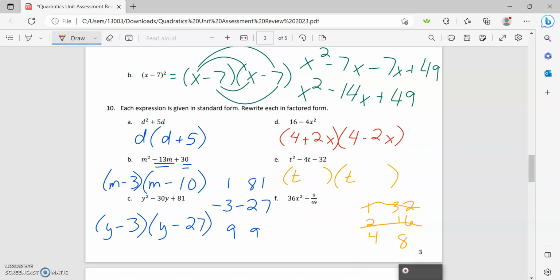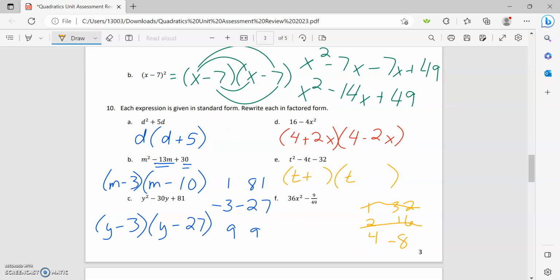If I put -4 plus 8, that gives us +4. Okay, so we're close. We have a 4 in the end, but we're negative. So I need to get rid of the signs here, right? And I need to make 8 negative. 4 and -8 gets us -4.